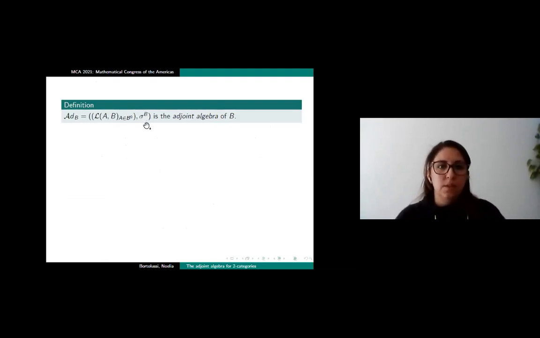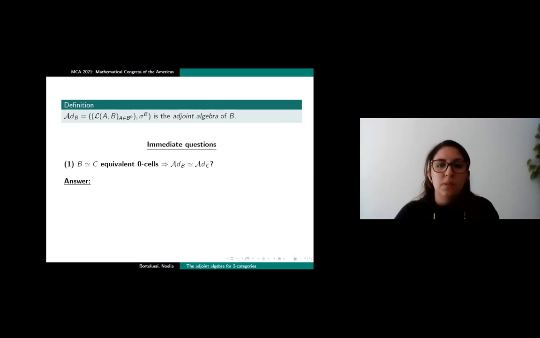So at this point, you have so many questions about this definition. So let me guess some of them. Maybe the first question that you have is what happens if we take zero cells A and B which are equivalent?